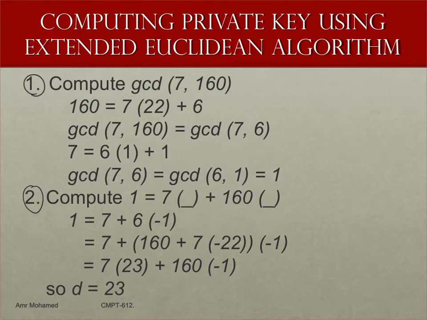So the greatest common divisor between any two numbers comes from the fact that if we take the bigger number, 160, we say 160 is a linear combination of 7 with some remainder. As long as it's an integer multiple of 7 plus any remainder, this greatest common divisor is reduced to the greatest common divisor of this 7 and the 6.